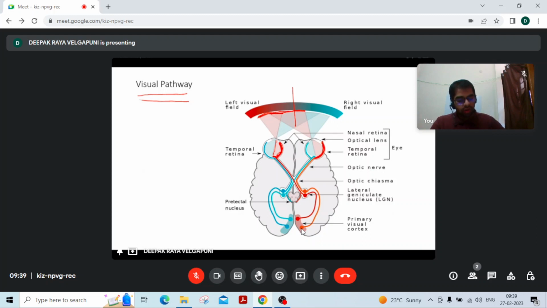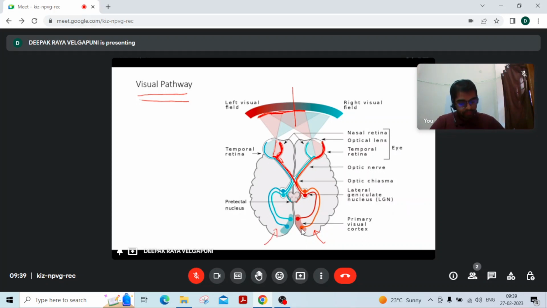From the left, both eyes get input, and the part of the retina that is responding to the left visual field has its optic nerve coming here, and at the optic chiasma they go to one side of the cortex. This is one hemisphere of the brain, and this is the other, left hemisphere and right hemisphere.